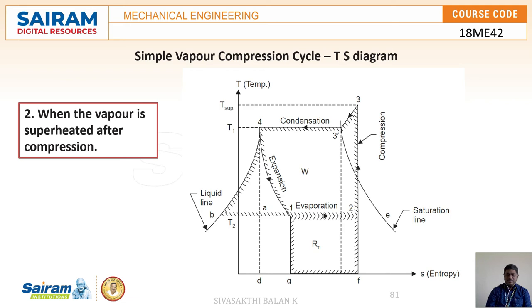The condensation process is divided into two parts, from 3 to 3 dash and 3 dash to 4. So to calculate the value of H3, we need to add H3 dash plus the difference between these two.